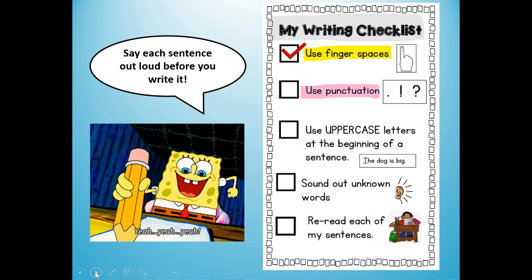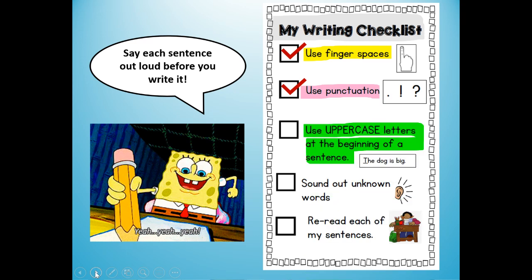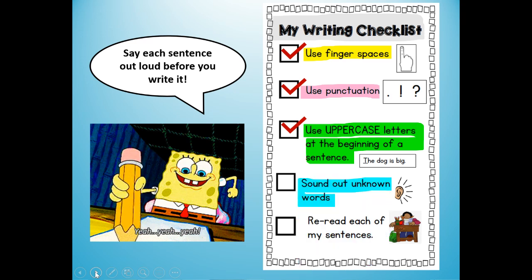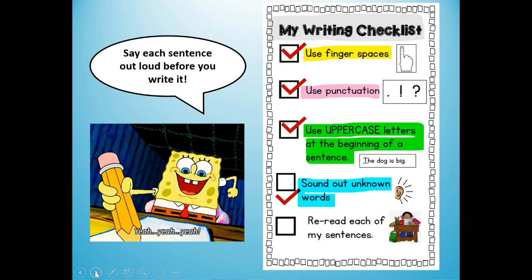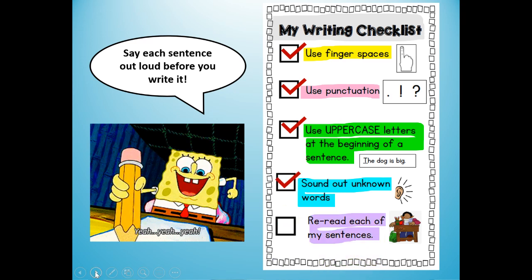Use punctuation, have a period at the end of each of your sentences. Use uppercase letters at the beginning of each of your sentences or capital letter. And when you write a word you don't know how to write, sound out any unknown words, write the sounds you hear. And then my favorite, reread each of my sentences to make sure that they make sense.